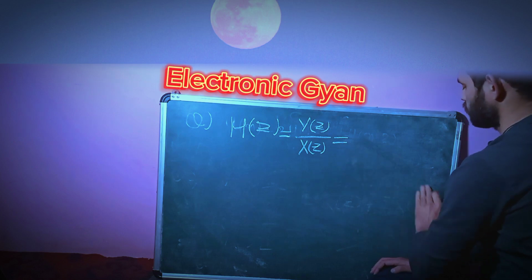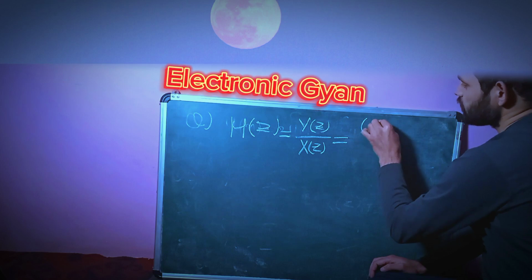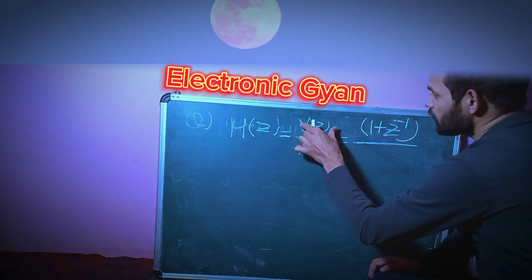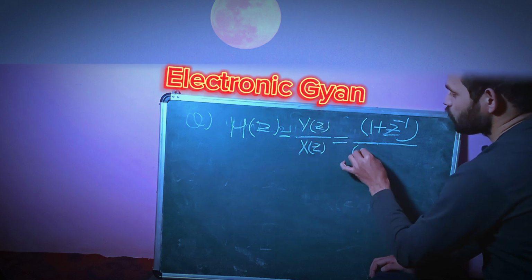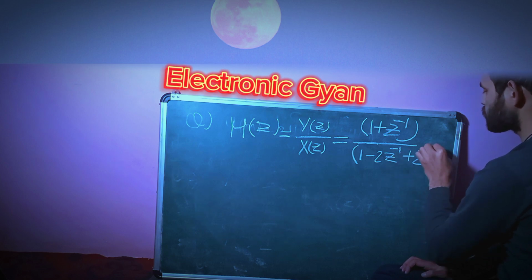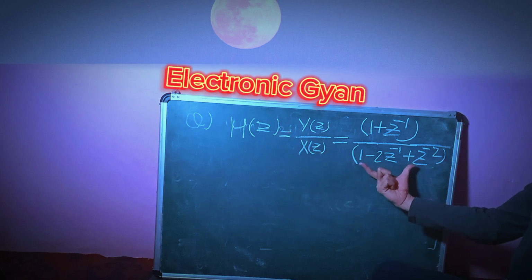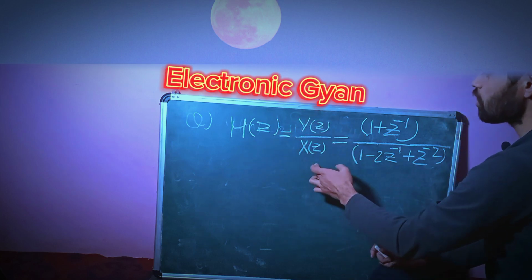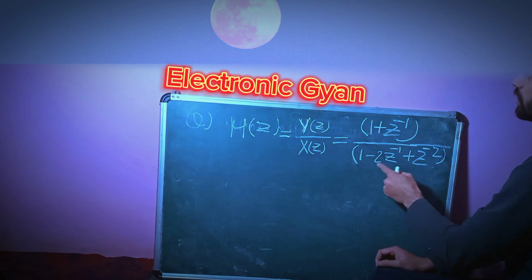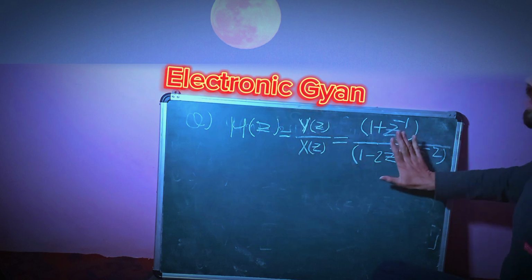The term with x of z is 1 plus z inverse, and the term with y of z is 1 minus 2 z inverse plus z minus 2. Yes, z minus 2. This is our transfer function. So h of z is equal to y of z upon x of z is equal to 1 plus z inverse divided by 1 minus 2 z inverse plus z to the power minus 2. So this is the transfer function.